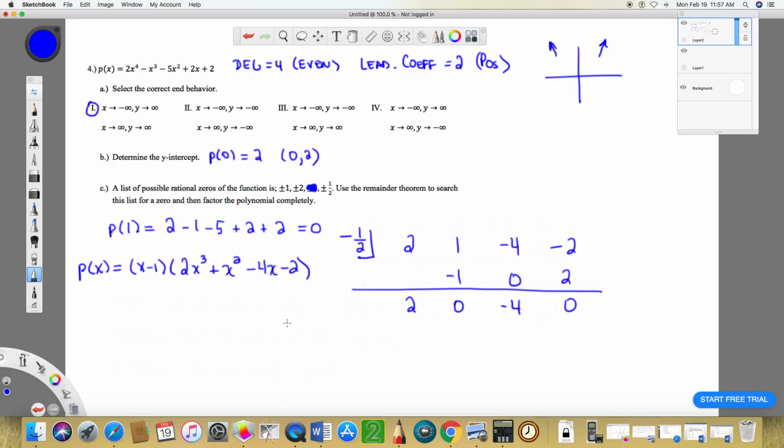So we have the x minus 1 that we already have, and in factored form, we'll write this as 2x plus 1. And now this starts with 2x squared minus 4. So this time I do see a common factor there of 2.